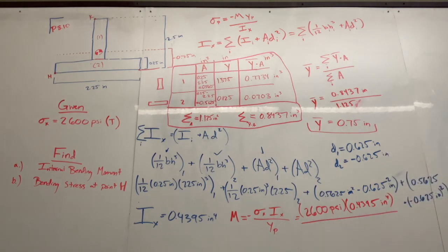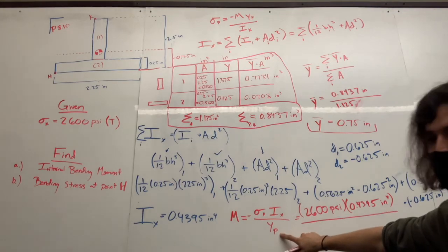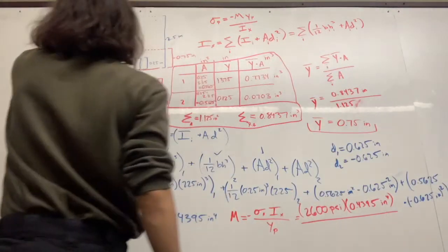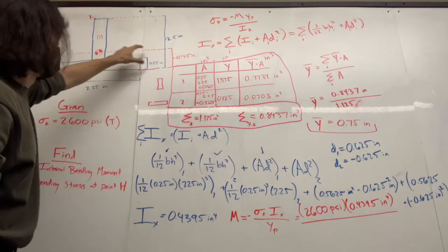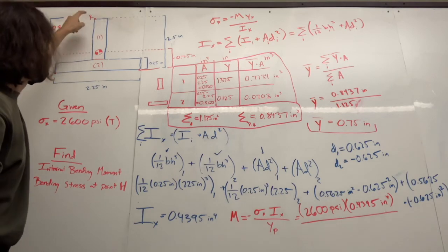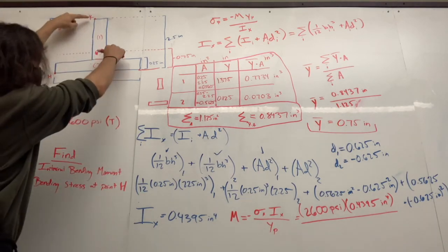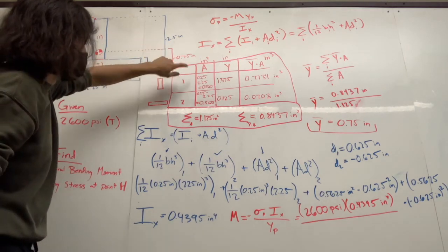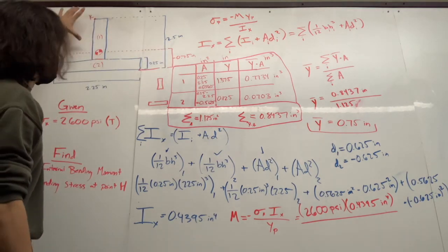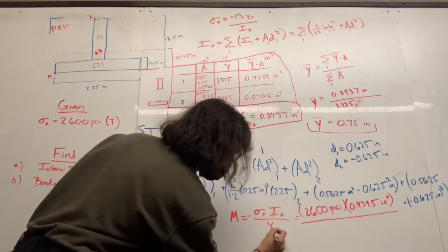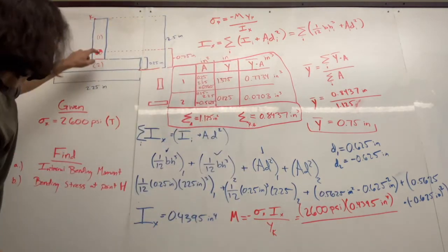And then this y sub p term is the distance from this centroid line to the point. So in this case, we're analyzing at point K, so we need this distance, right? So it would be 2.5 minus 0.75 would give you that. It actually should be yk. So it should be the distance to point K from this line.